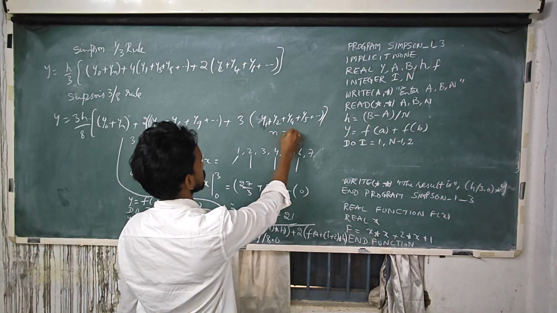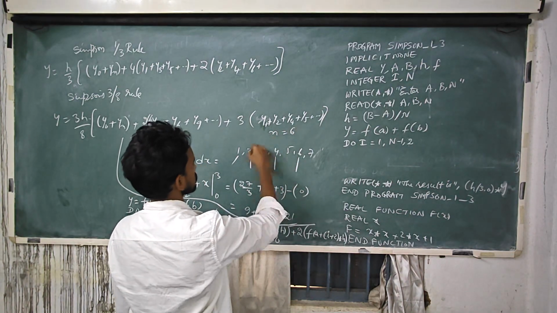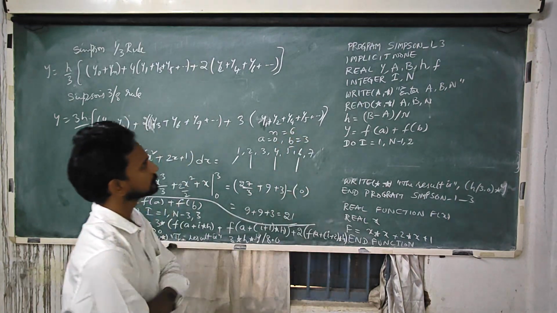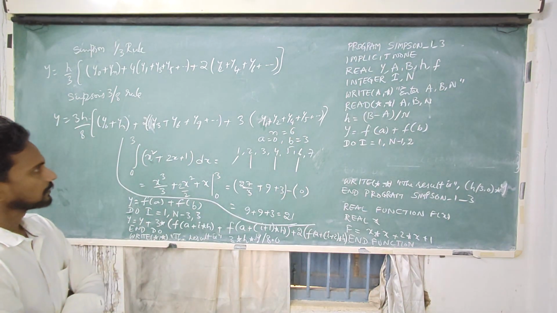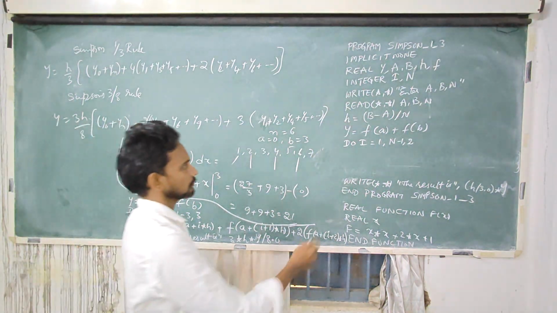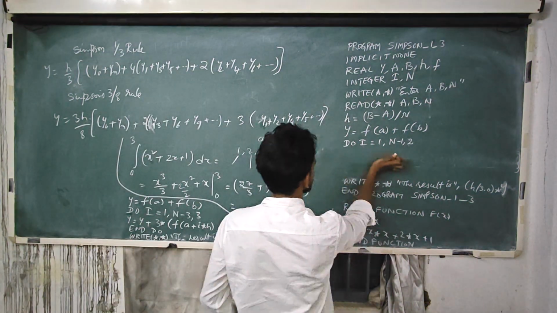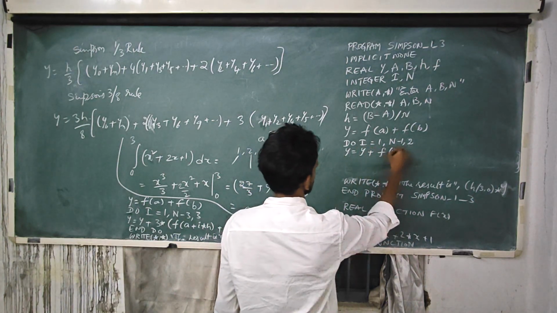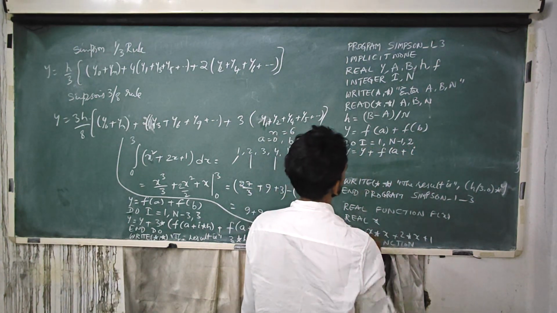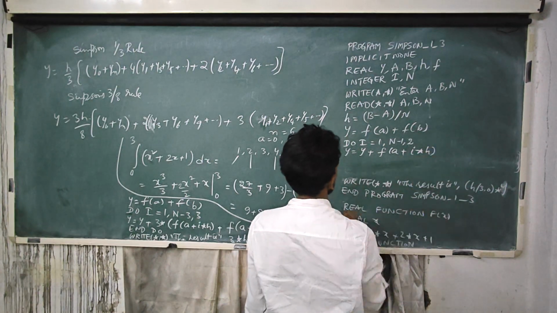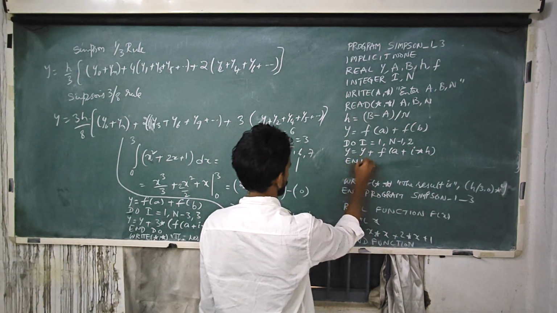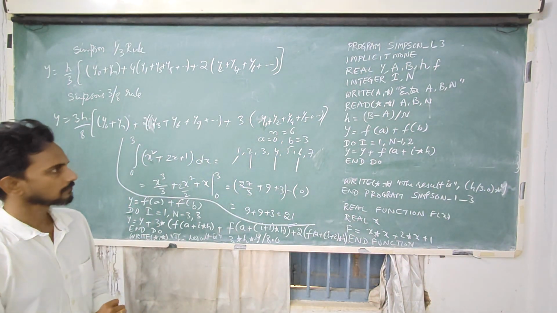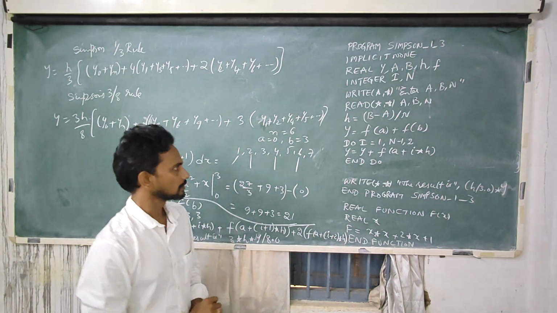I'm considering n is equal to 6, a is equal to 0, b is equal to 3. So I want n minus 1, y is equal to y plus f of a plus I star h. Ended. These are odd terms.